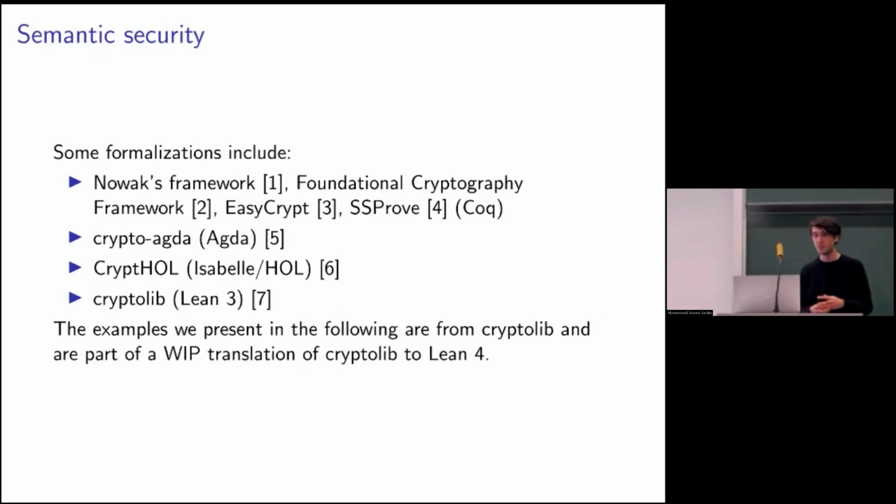I think the first formalization was one by David Nowak in Coq, and later several frameworks have been built in Coq, like the Foundational Cryptography Framework, EasyCrypt, also SSProof, on which I think we will have a talk later today. There are also libraries for Agda, which verify different protocols, and libraries for Isabelle.